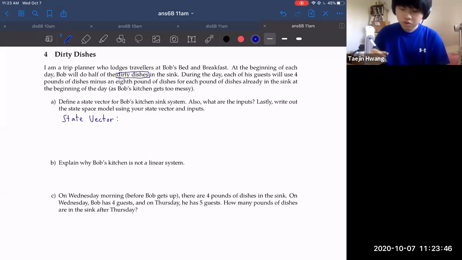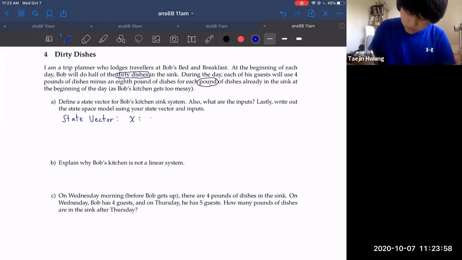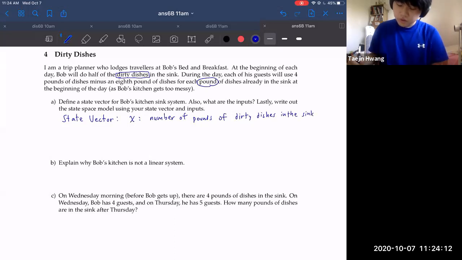So I think the state vector I'm going to define is a vector x, which represents, in units of pounds, the number of pounds of dirty dishes in the sink, since this is really what's going to be changing over time. So as the guests use these dishes, we're going to add on to the number of dirty dishes.